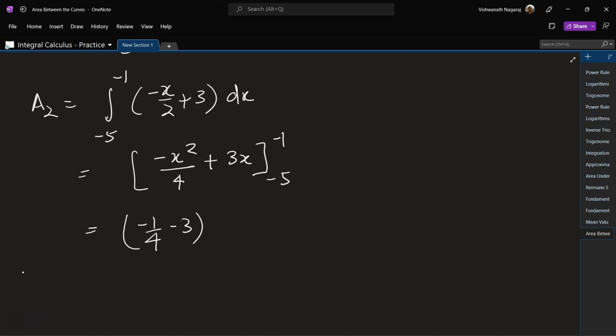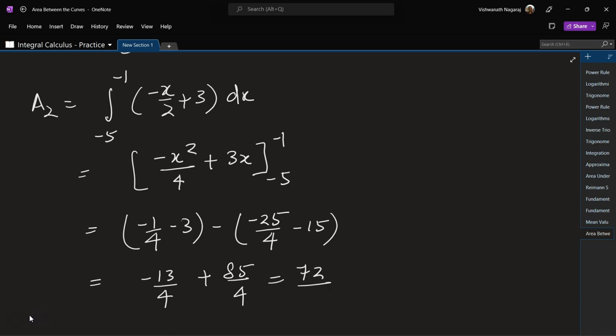This is the first part. Minus, this would be minus 25 by 4 and minus 15. This would be 4 3 is 12, so minus 13 by 4. This whole thing can be converted into plus. 15 4 60, 60 plus 25 is 85 by 4, which gives us 72 by 4, which is nothing but 18.